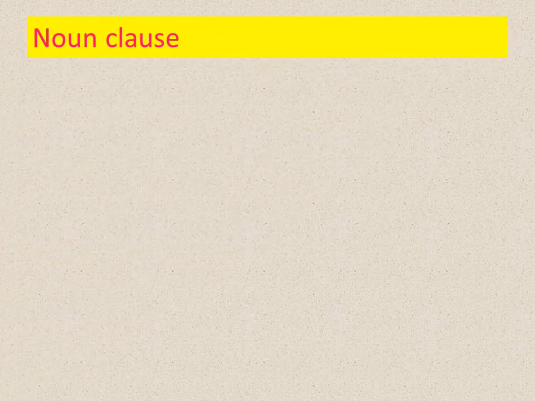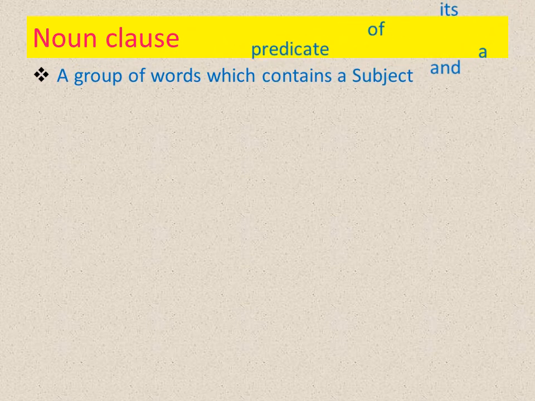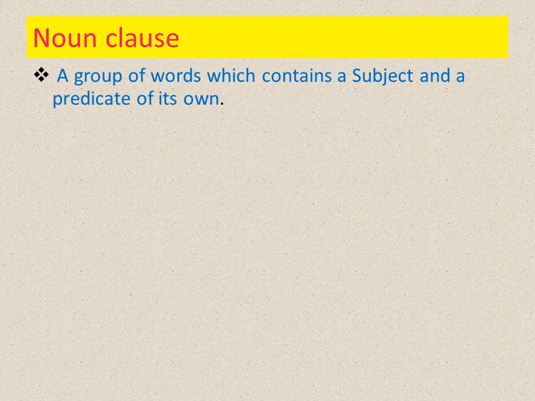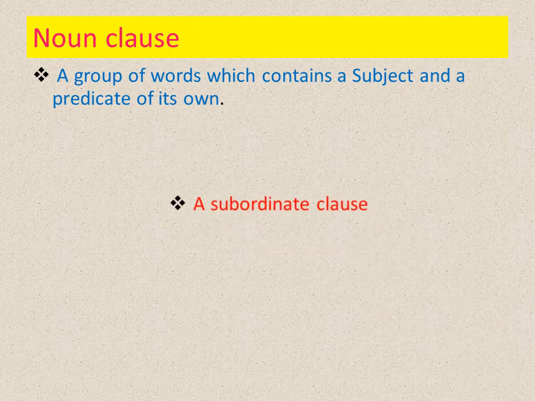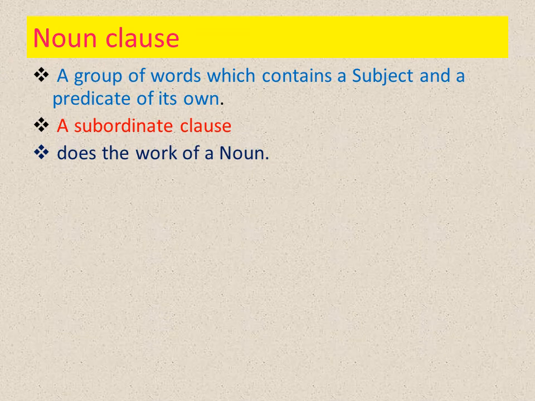Students, let us learn about noun clause. A noun clause is a group of words which contains a subject and a predicate of its own. A noun clause is a subordinate clause. It does the work of a noun in a sentence.